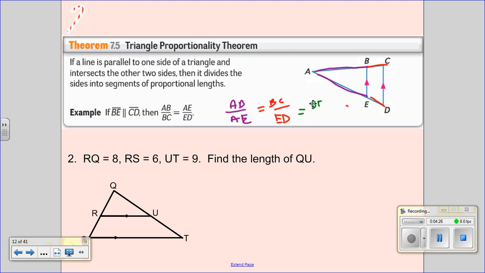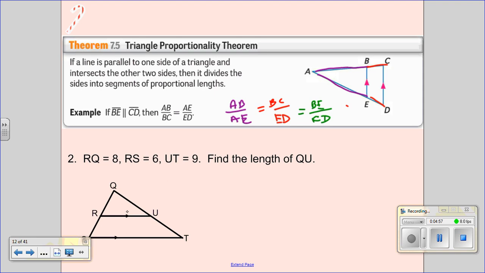BE is also proportional with CD or DC. So there's a lot of things going on here, a lot of proportional parts, and there's a lot of combinations of each one.